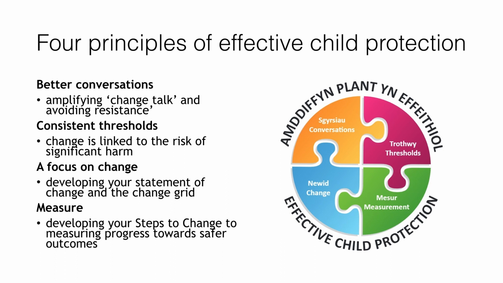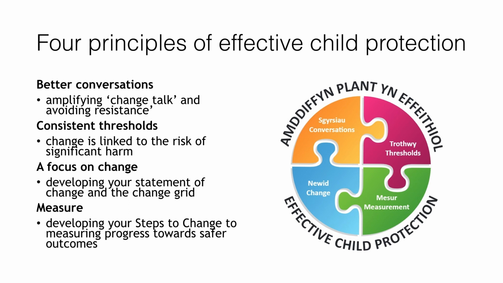When focusing on change, it was important to ensure that changes in effective child protection are directly linked to reducing the risk of significant harm. These were aspects that were related to conversations and thresholds. As we moved to change and measure, exercises 2 and 3 gave you the opportunity to review a case example from your own practice and identify 3 changes linked to significant harm.